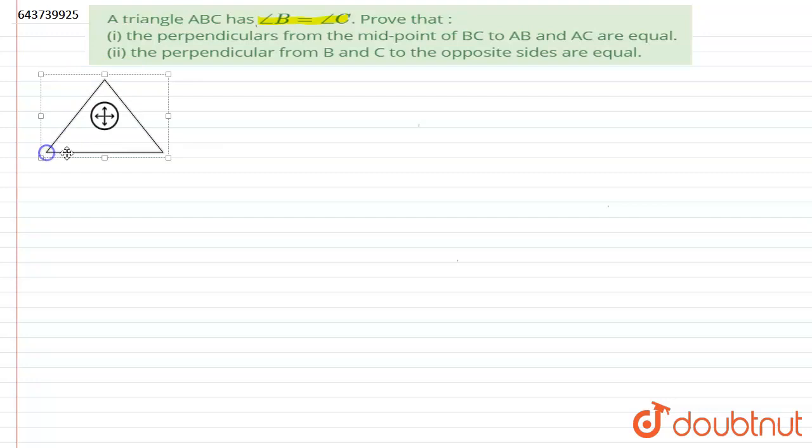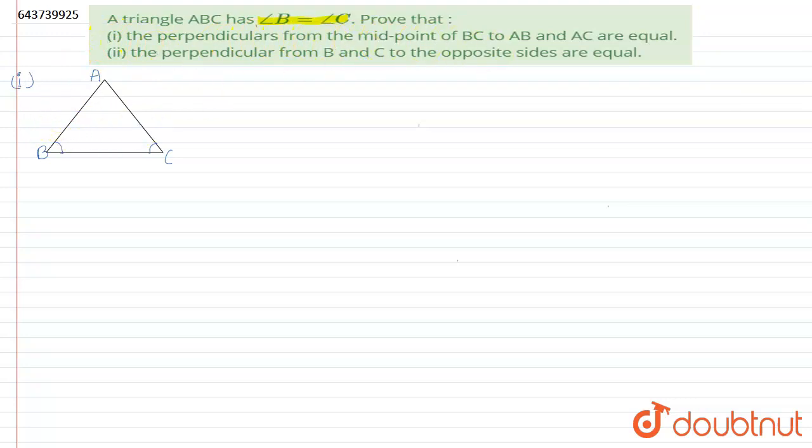So let us take the triangle. In this triangle, angle B is equal to angle C. So angle A, B and C. It is given angle B and angle C are equal. Then we must prove, this is the first question, the perpendiculars from the midpoint of BC.